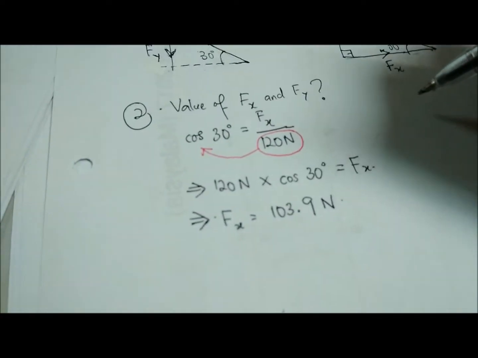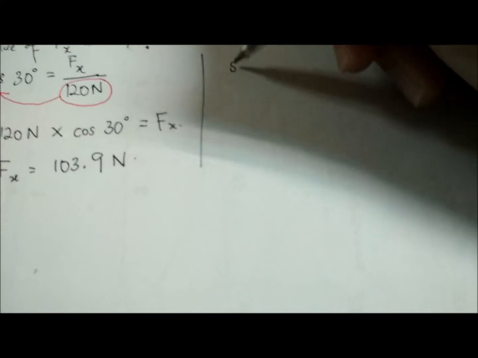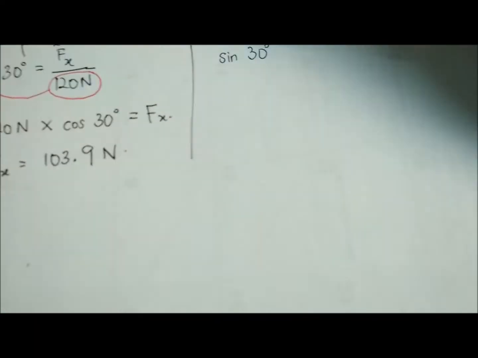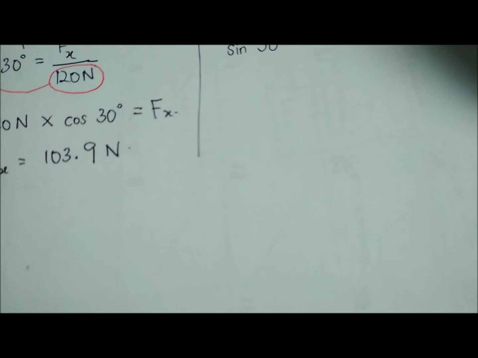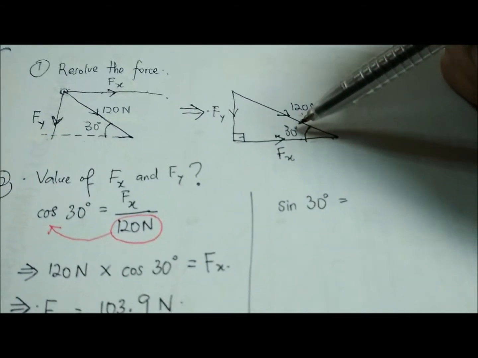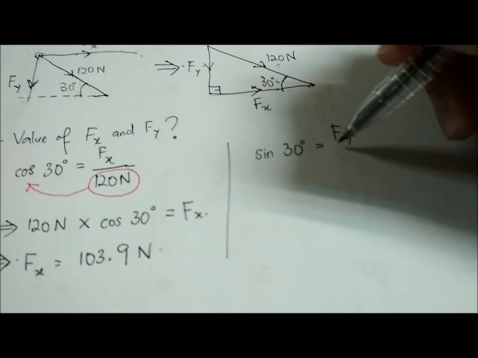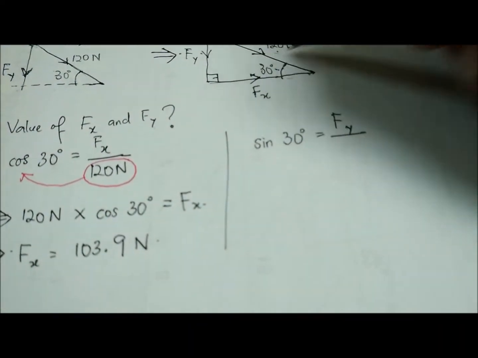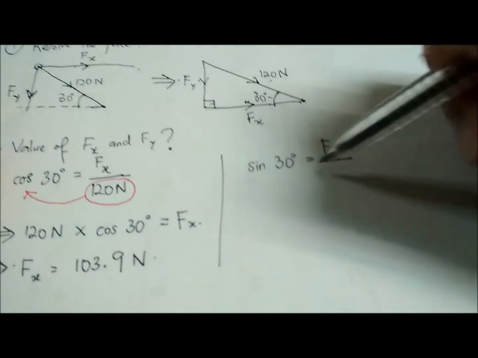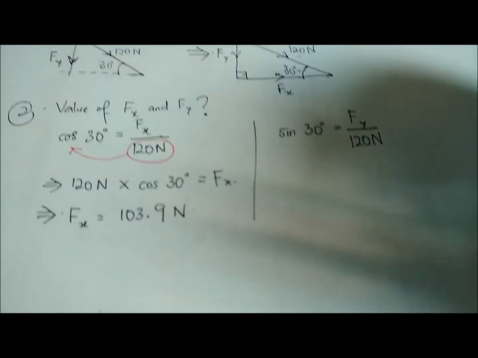Now how about Fy? Sine 30 degrees. Sine is opposite over hypotenuse. In this case, what is the opposite side? The opposite side is Fy, over the hypotenuse, 120 Newton.